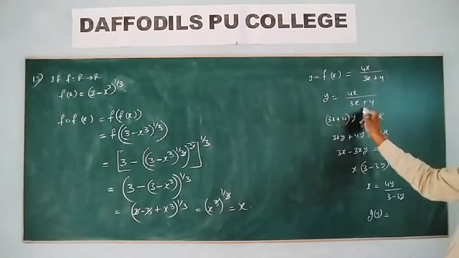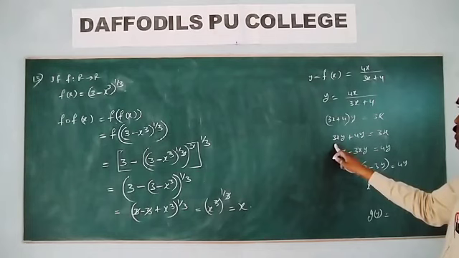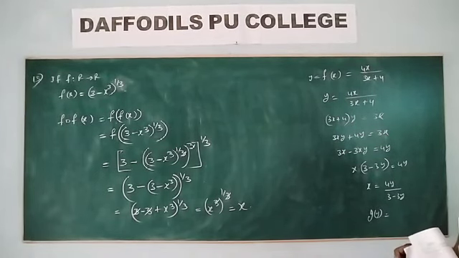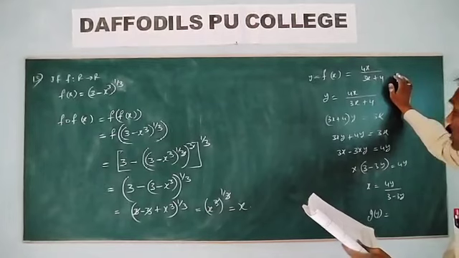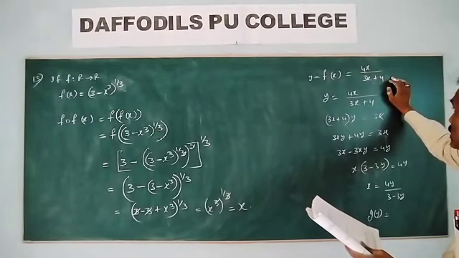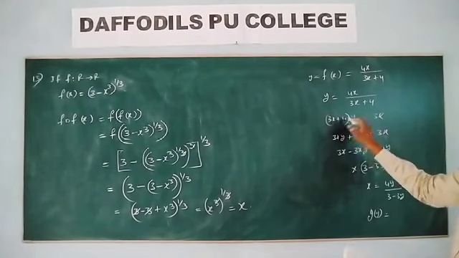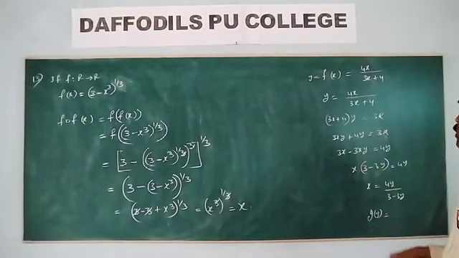Y is equal to 4x by 3x plus 4, so 3xy plus 4y, right.